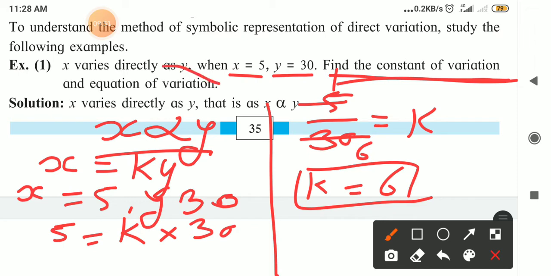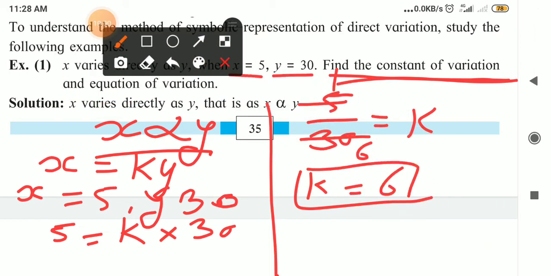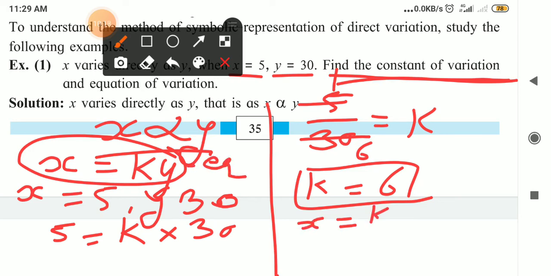Now one more thing they asked, that we have to find the equation of variation. So how to find the equation of variation? It is also very easy. Therefore the equation of variation is x is equal to ky.